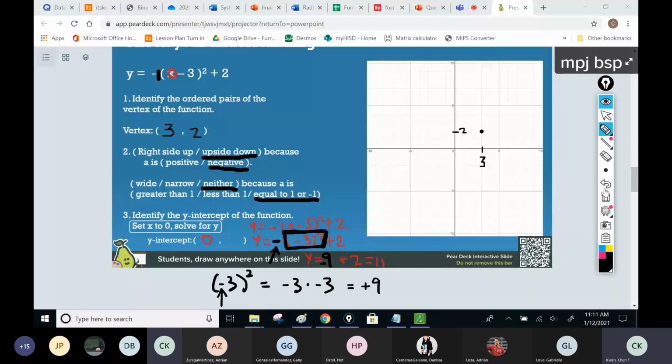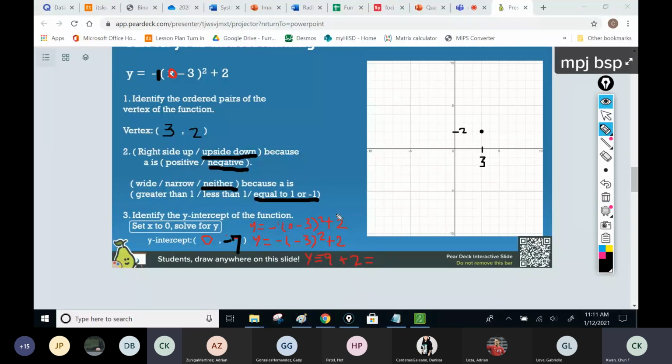So you will have negative 9 plus 2, and negative 9 plus 2 is negative 7. So your final answer is negative 7.